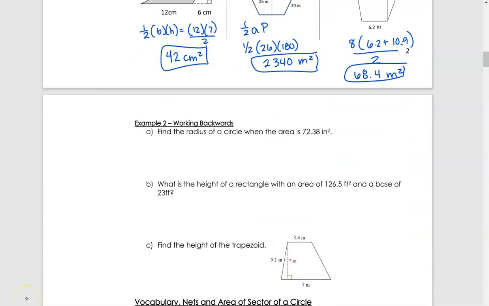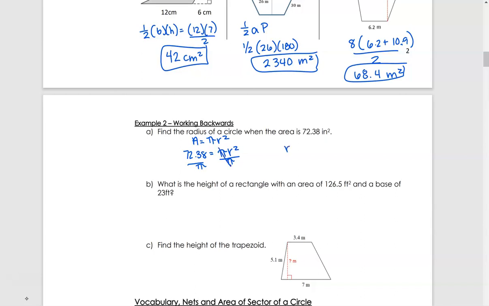So we're going to work backwards next, which means we're going to go ahead and write out our formula. Since it's a circle, it's going to be pi r squared, which is equal to the area. So instead of a, I'm going to put in what we know. And we want to find the radius, which means we're going to divide by pi. So using the pi button on your calculator, take 72.38 divided by pi.